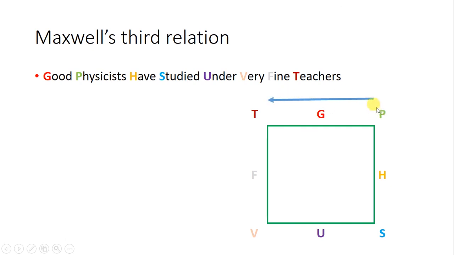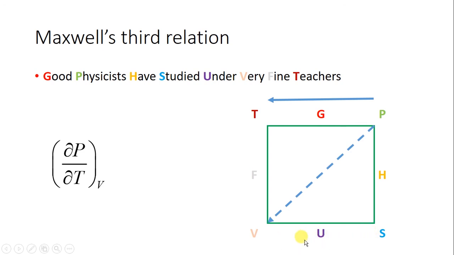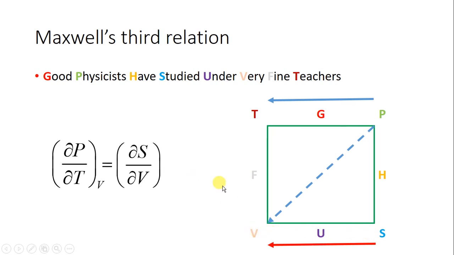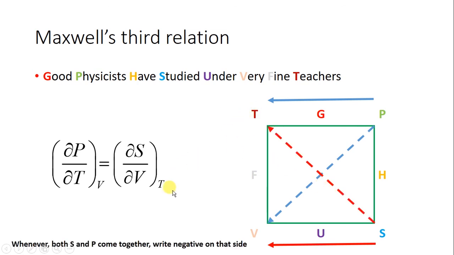So what you can write? ∂P/∂T. Draw an arrow diagonally from P, that is the arrow tail, when volume is held constant. Now draw an arrow on the bottom side towards left. So ∂S/∂V. Draw an arrow from S diagonally when temperature is constant.